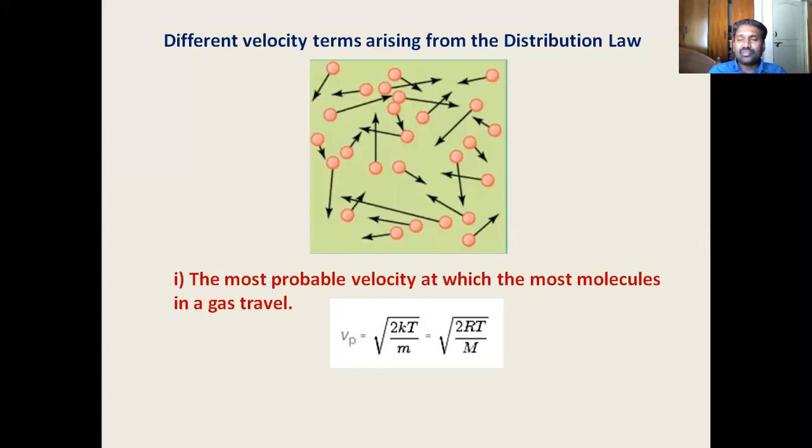So next class, I will reserve for solving numerical problems as well as deriving an expression for most probable velocity from the Maxwell-Boltzmann equation. That's what I told you, right? That can be used to derive velocity terms. How is that done? With one example, most probable velocity, we are going to see. Average velocity derivation and root mean square velocity derivation is not required from your syllabus point of view.